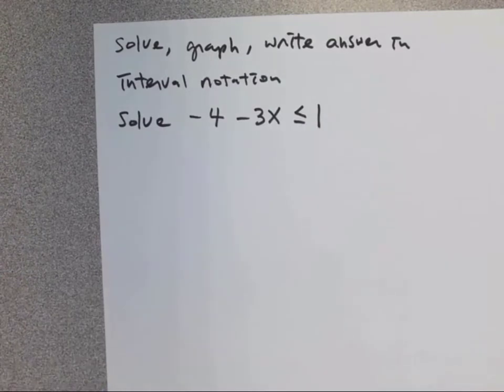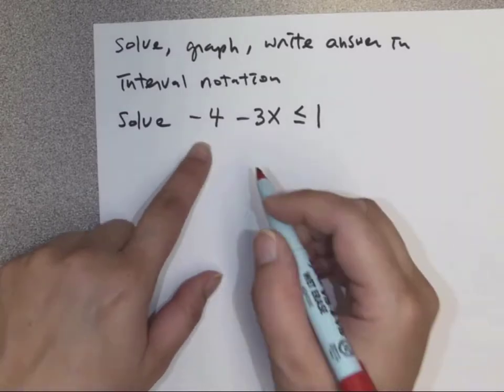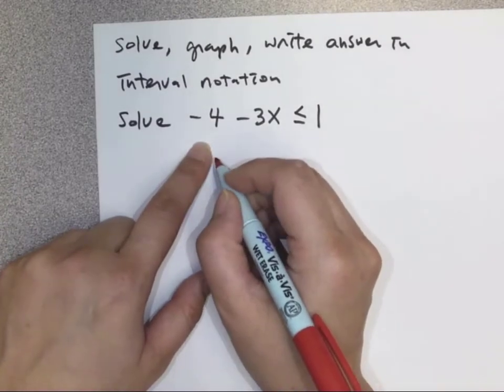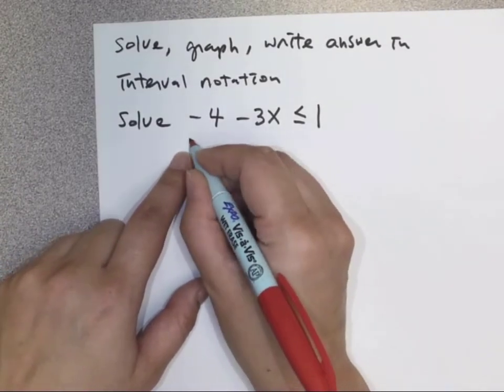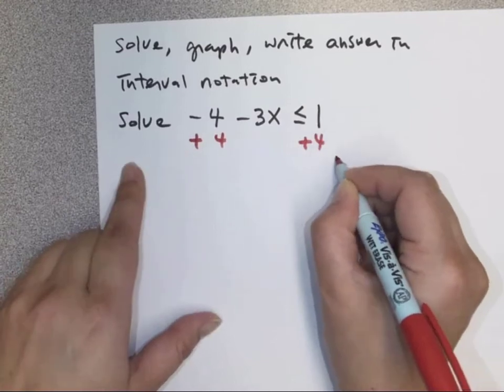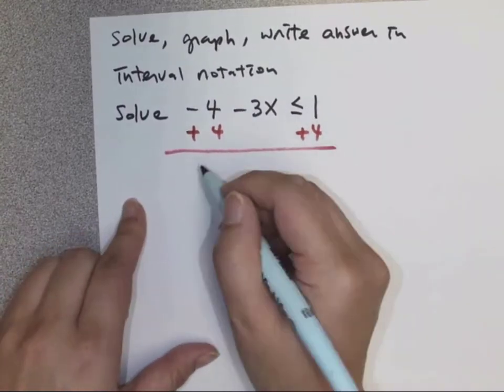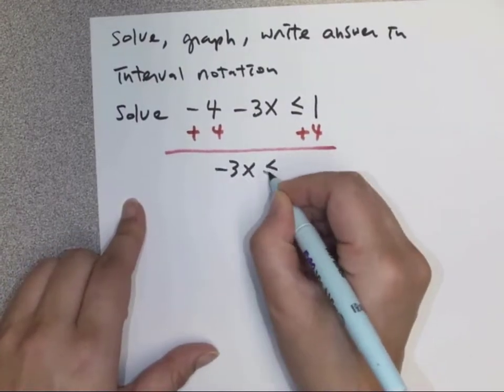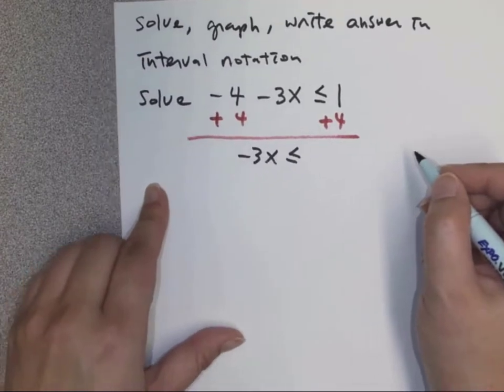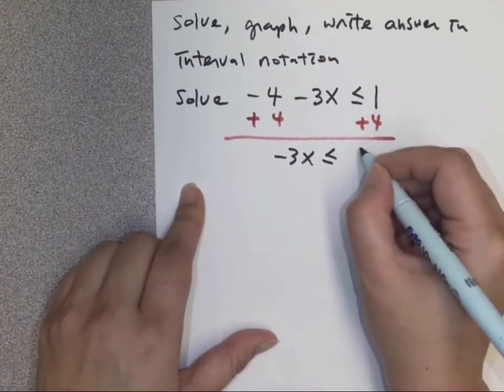So we're solving for x, meaning x needs to be by itself, and we need to move everything else somewhere else. So what can I do first? I can move the 4. The opposite of subtracting 4 is going to be adding 4 to both sides. Okay, so negative 3x less than or equal to 5.